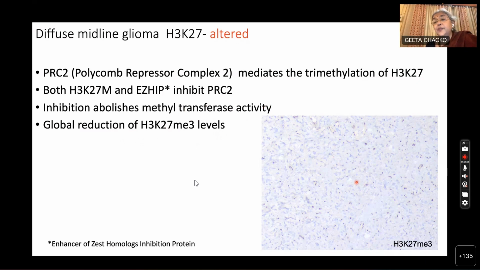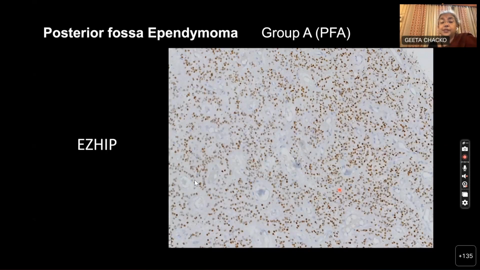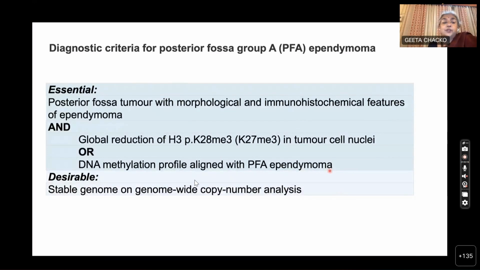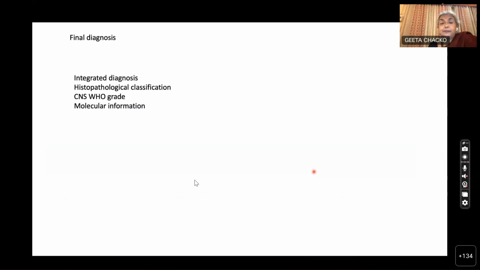It's not the H3K27 mutation, but the K27 trimethylation protein loss seen as a loss of expression. And here this tumor also showed EZHIP overexpression. So the essential criteria is demonstrating that it's an ependymoma in the posterior fossa, but also showing either a global reduction in the trimethylation protein or a DNA methylation profile to match the PFA.